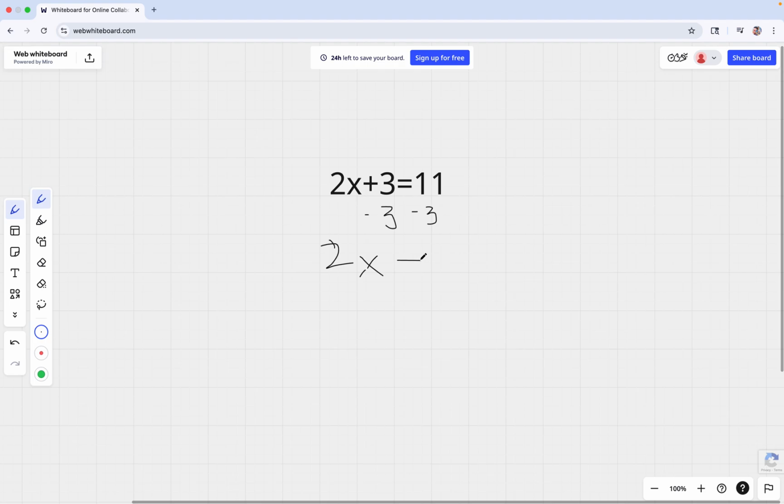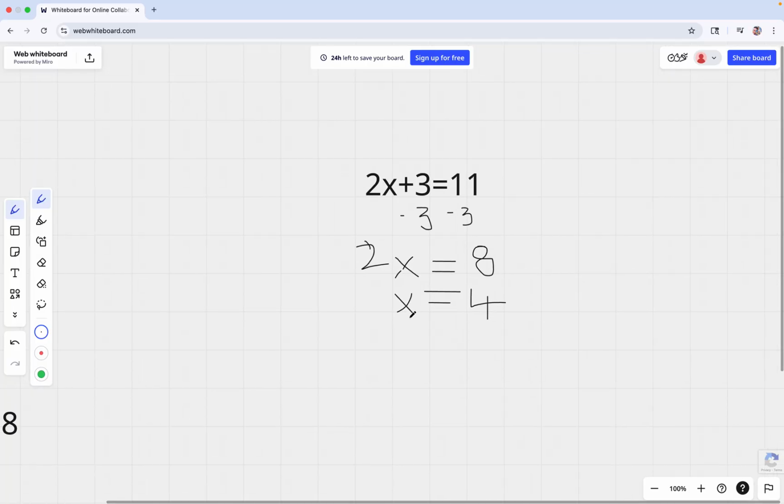And then here, 11 minus 3 is 8. So you get 2x equals 8. And then you basically simplify this, divide by 2. 8 is also divisible by 2. So you then get x equals 4. This should be easy for you guys now.